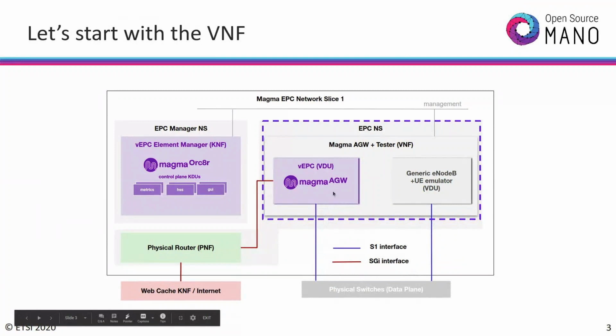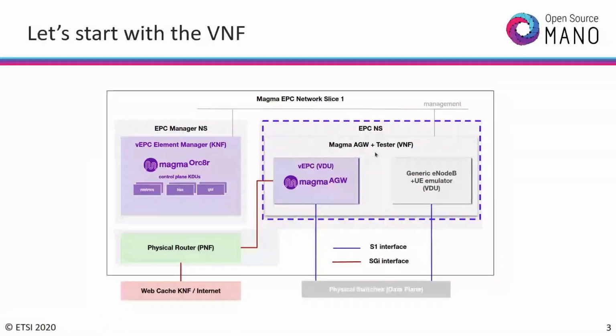Okay, so here you can see a practical example where we have external VLDs and internal VLDs. External connection points are used to connect the VNF, or in this case, the network service with a single VNF, with external elements.